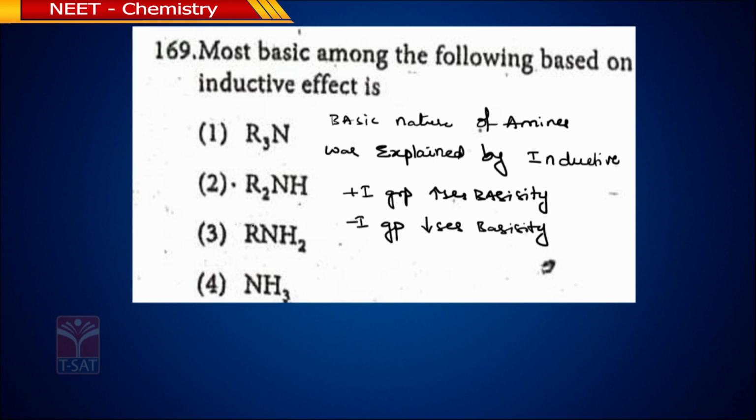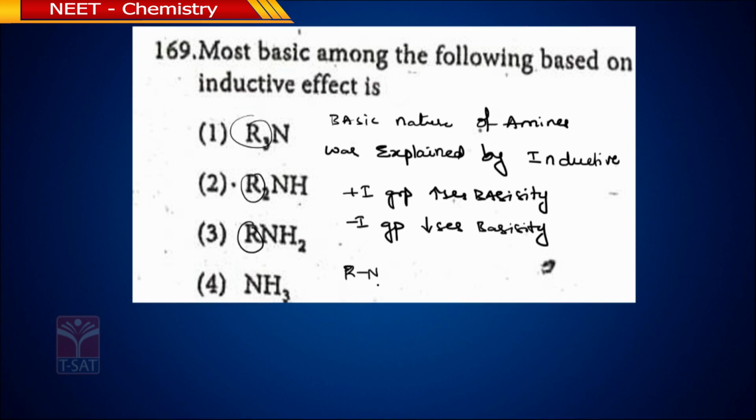So, here these all are +I groups only, but the more the number of R groups, alkyl groups being +I groups. So, R3N means it will be like this. More electron donating groups will be there, because of which there is more electron density on nitrogen. If electron density is more, it is more basic in nature.